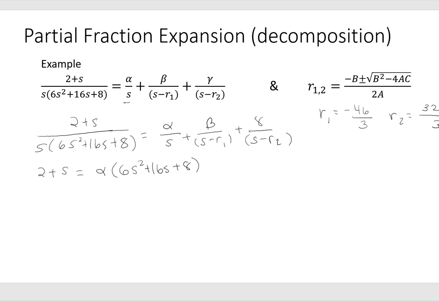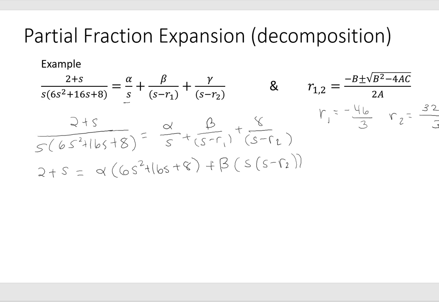When we do it with the next term, s minus R1 is going to cancel out, and we'll end up with beta times (s minus R2). R1 and R2 aren't round numbers, so I'm not going to write those out over and over again.